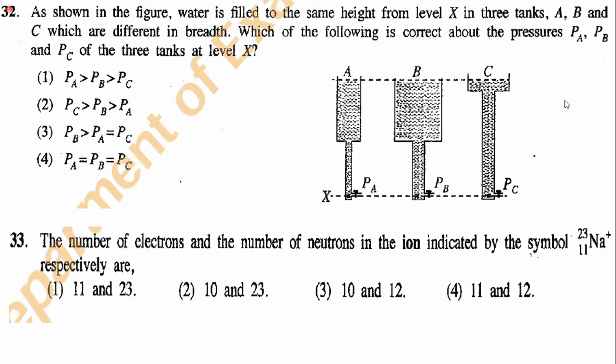A, B and C are different in breadth. Which of the following is correct about the pressures PA, PB, PC of the 3 tanks at level X?